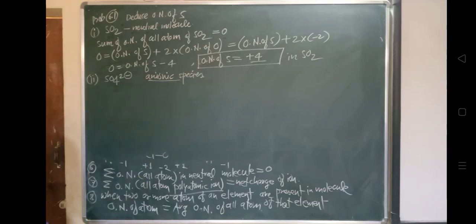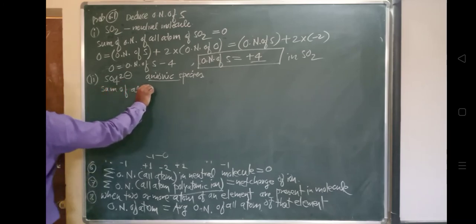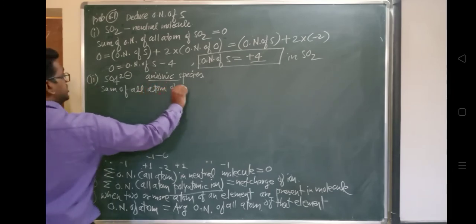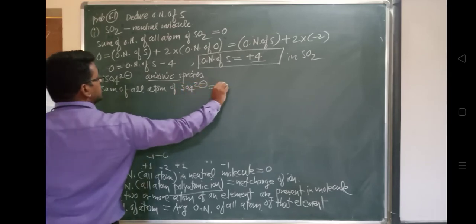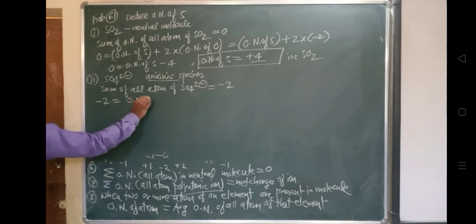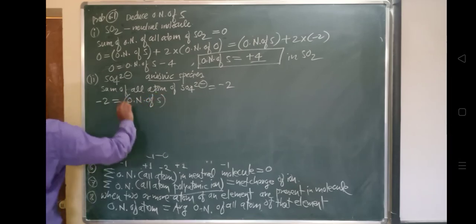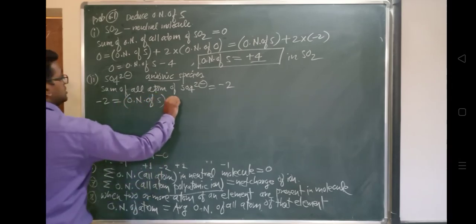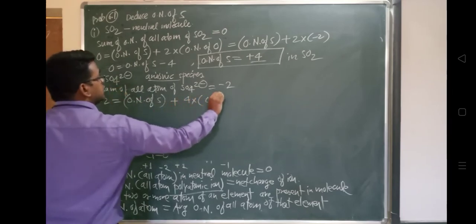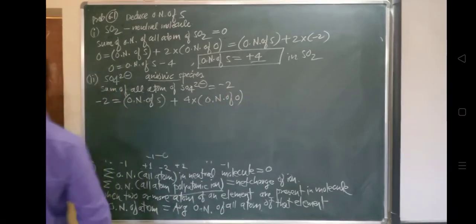So the sum of the oxidation numbers of all atoms of SO4 2 minus, which has a charge of -2, is equal to the oxidation number of sulfur plus 4 times the oxidation number of oxygen, because four oxygen atoms are present.